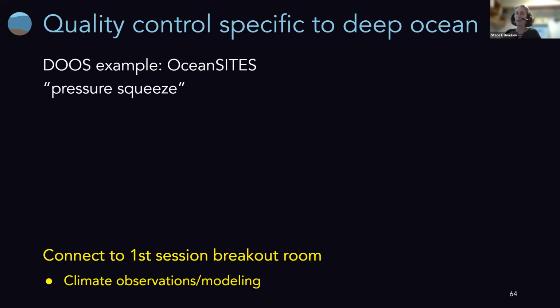We have to think about pressure. And pressure can have an effect on our sensors. And so it's something that, just like I was saying, what can you do to ensure quality control? If you're working with very deep data, there are some things that you want to think about with regard to the effect of high pressure on your sensor.